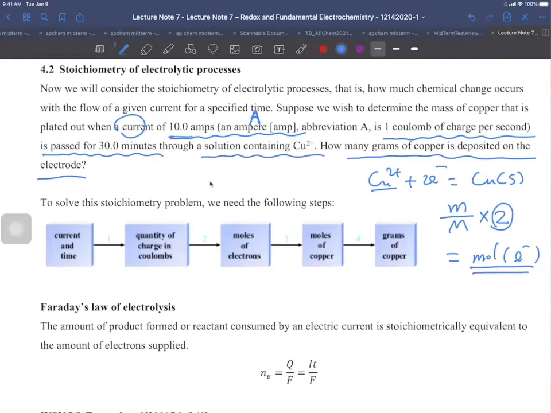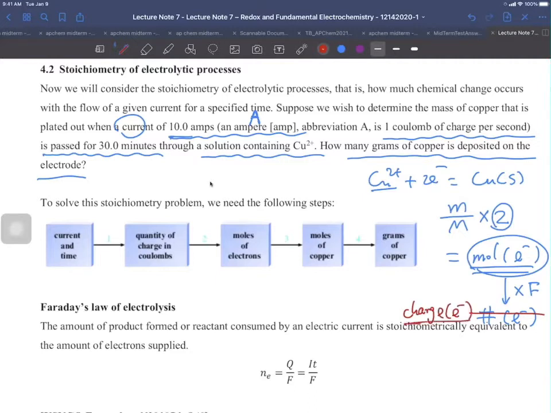Last time we introduced the concept of Faraday's constant, right? Faraday's constant means for 1 mole of electrons, how many coulombs? So we can use the moles of electrons times the Faraday's constant to get the charge, the coulombs, of the electrons.